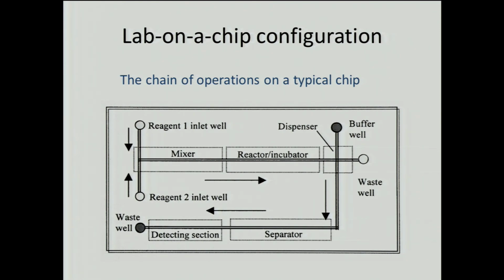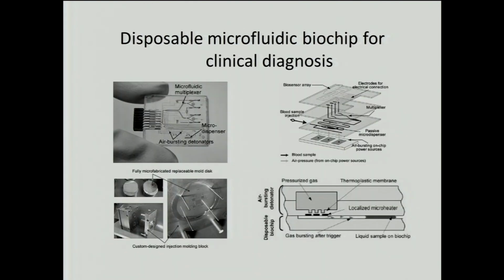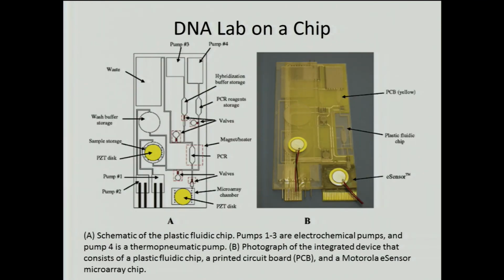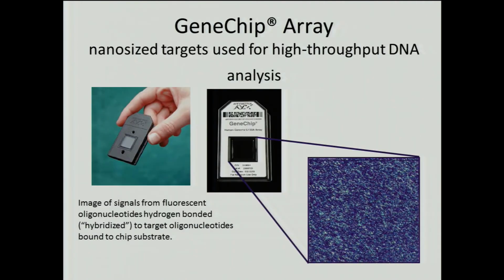So, this is a lab on a chip, this is how you mix it. The whole thing is put inside a chip, your whole pathological lab is being put inside a chip. These are disposable chips, I think he talked about it more. I will talk more about DNA analysis later. This chip is for DNA analysis.